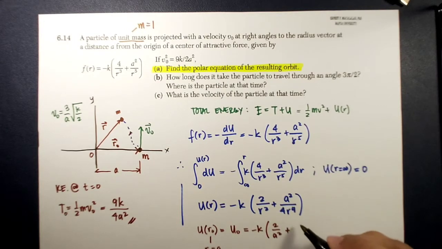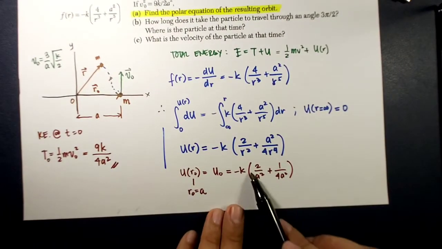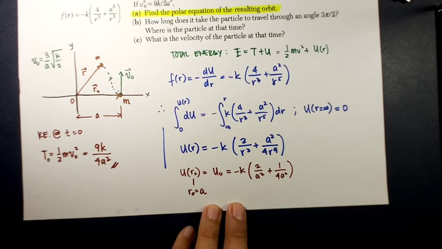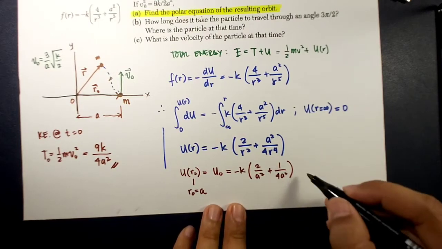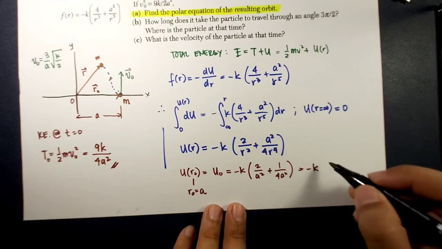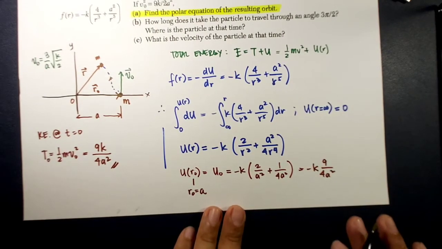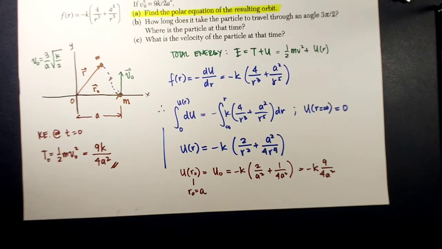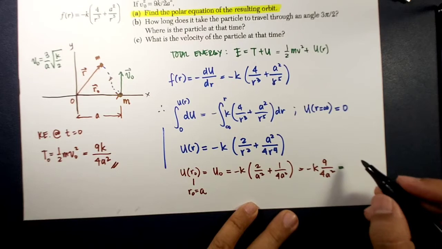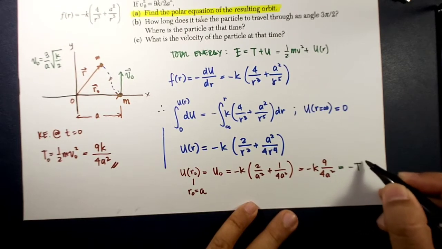So that's 1 over 4 a squared, so that's 2 plus 1/4, which is 9 over 4. So negative k 9 over 4 a squared. What do you notice? You notice that this is actually equal to negative T.